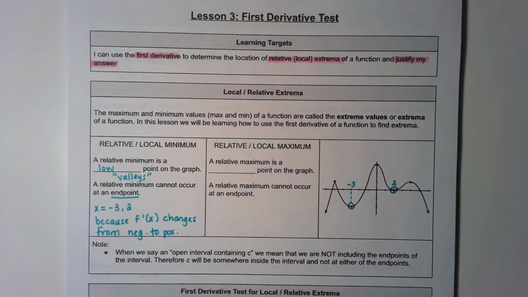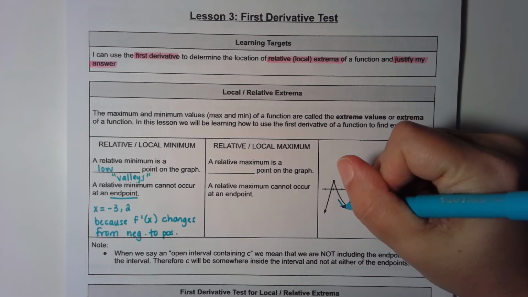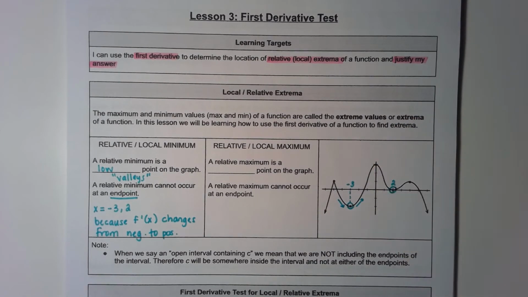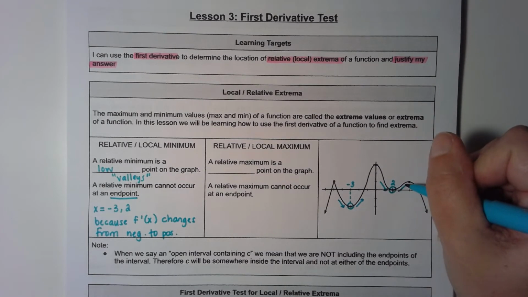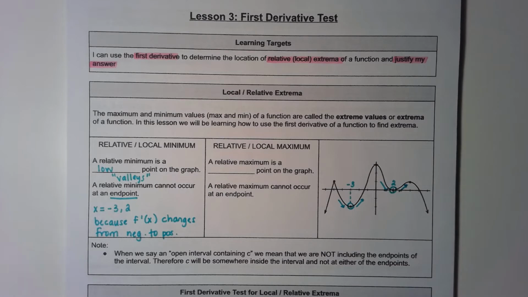So if you kind of use your imagination, when the slope switches from being negative or going downhill to being positive and going uphill, we're going to have a valley. The same thing here. When the slope switches from negative to positive, we're going to have a valley.